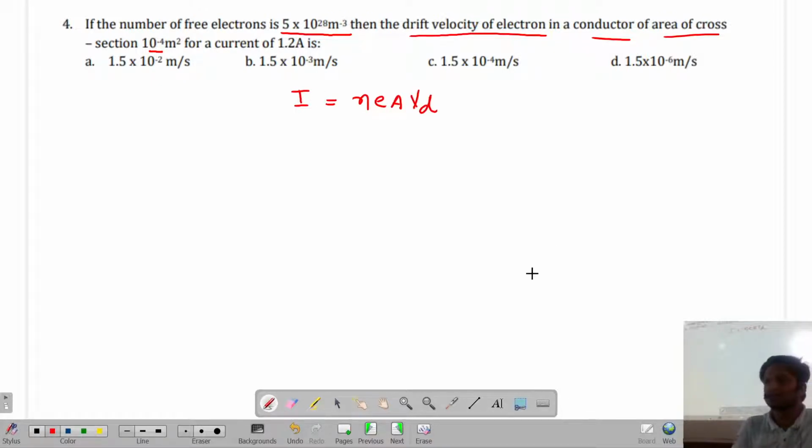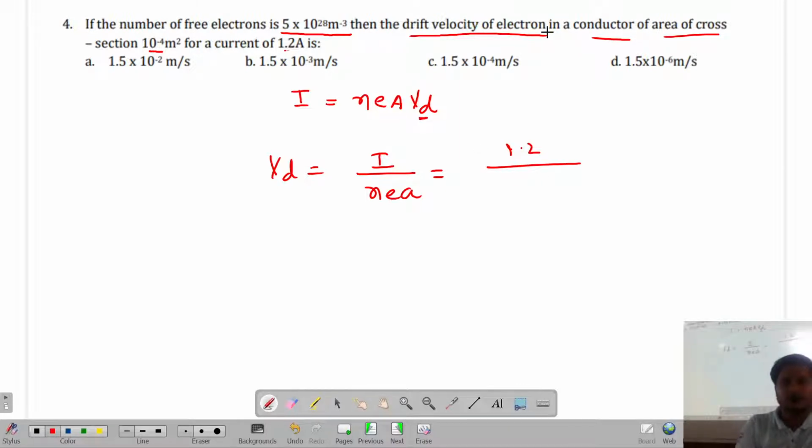Now, number of free electrons is given. Drift velocity is asked. Area of cross section is also mentioned. Current is also mentioned. Everything is given. You just have to calculate the drift velocity. So v will be I by N E A. Current is 1.2.